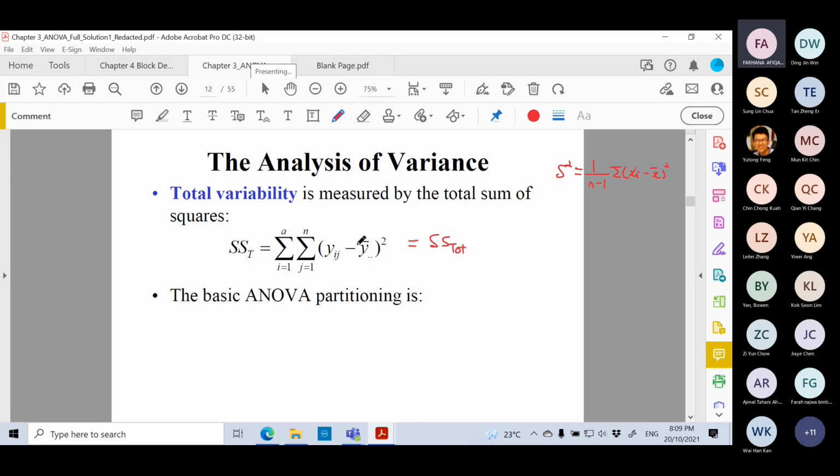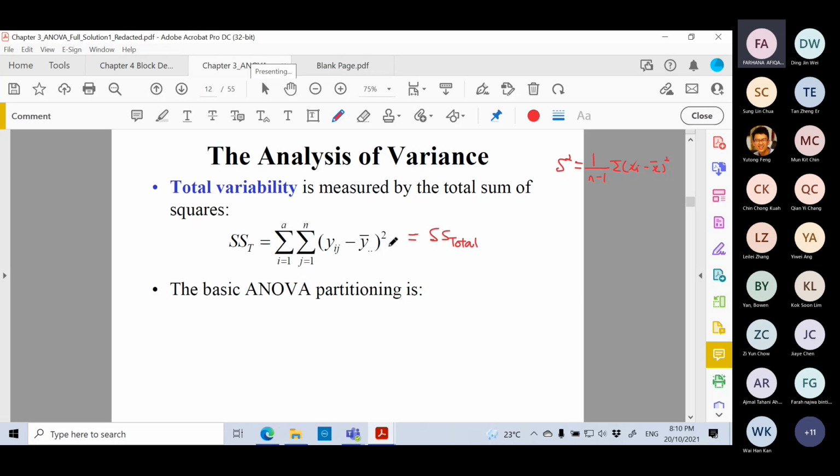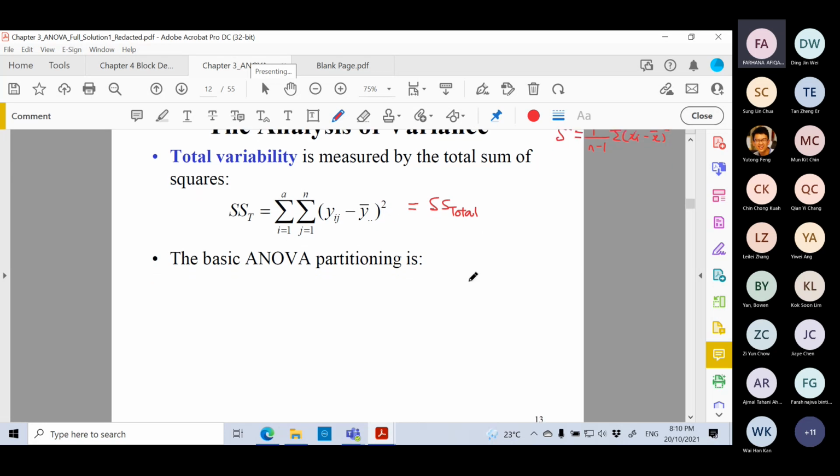This formula is the same as the total sum of squares, meaning you use the observations minus the overall mean, squared. So we call this SST, or sometimes SS total, where SS stands for sum of squares. So how is the analysis of variance done? It will try to partition it into these components.